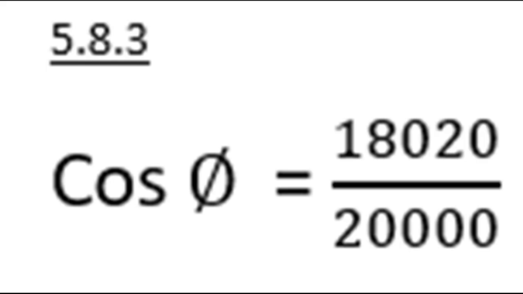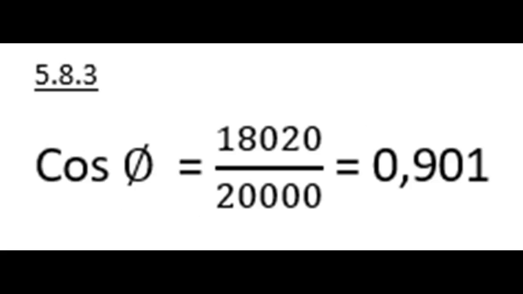So the true is 18,020 divided by 20,000. And then we get the answer 0.901.